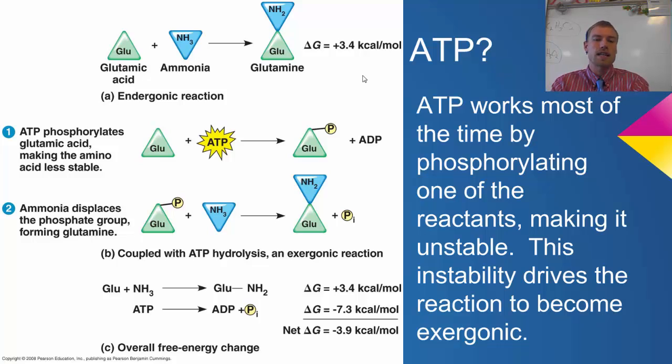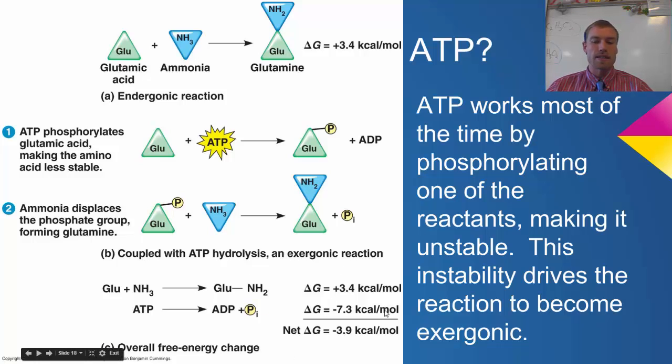So what we do instead is we take the glutamic acid, we attach a phosphate group from an ATP to it. Now this glutamic acid actually wants to bind with the ammonia. It is unstable as it is, and so the ammonia will actually bind to that and kick off the phosphate group. And if you take a look, the reaction of ATP turning into ADP and the phosphate has a delta G of negative 7.3 kilocalories.